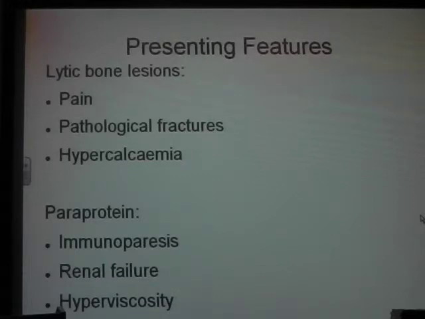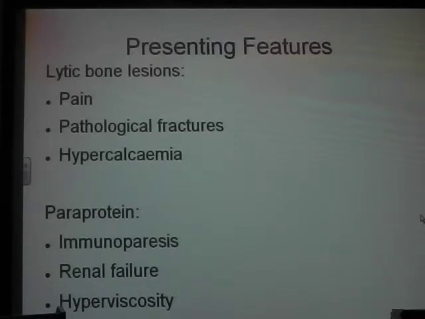So you get an excess of one type of your immunoglobulin. And that causes immunoparesis, so you'll become immunosuppressed with it because you just can't make enough of your other types. And so you're prone to infection. Your light chains from this excess immunoglobulin can clog up your kidneys and you'll get renal failure. And you can clog up your blood vessels and you get hyperviscosity.